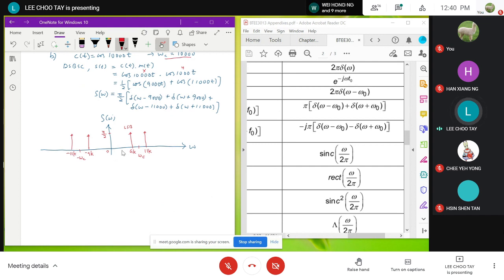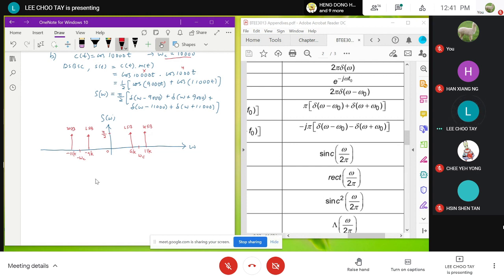Anything higher than your carrier frequency will be your upper sideband. On the negative side, negative doesn't mean that it's smaller; negative only means that it's in the opposite direction. So again, this is the lower sideband and this is the upper sideband. You just compare using the magnitude.